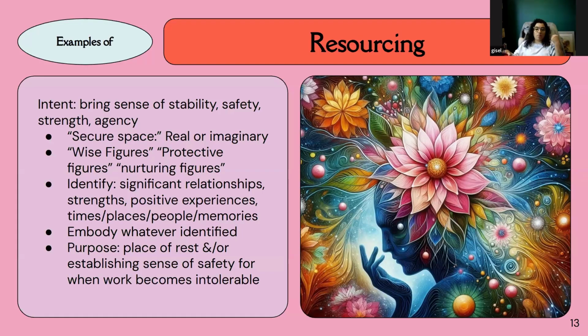So for example, for me, I'm gonna use someone that y'all know, right? Gabby. So Gabby is one of my best friends. For the folks that don't know, I would consider her a safe person, a safe place, a safe connection for me, right? The client can choose whatever language works for them.